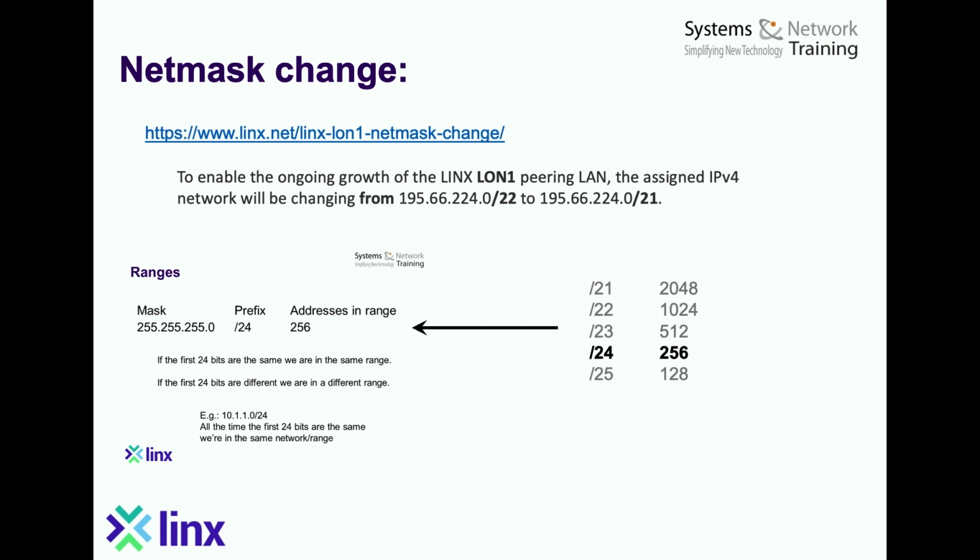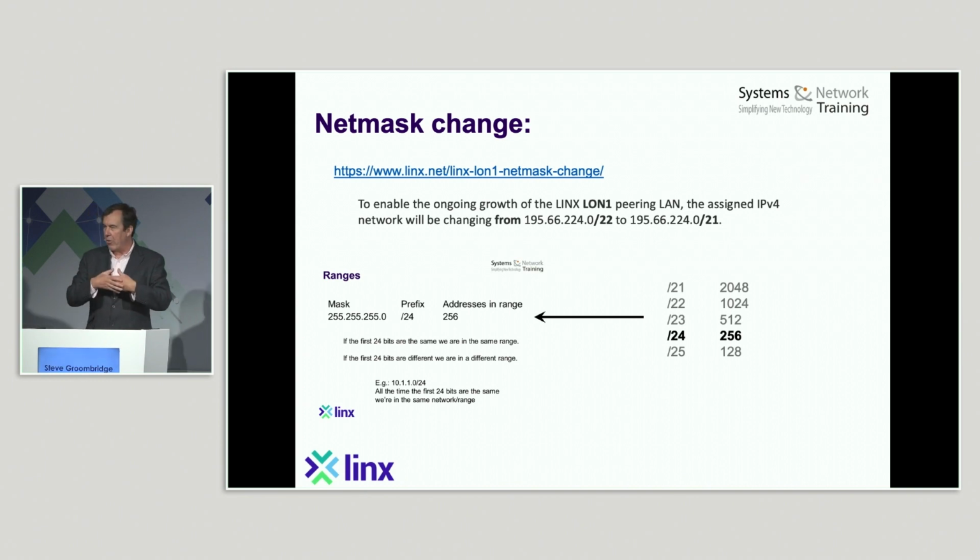Now, if it had a /24 mask, and as far as I'm aware it never has and never will, then what it would mean, and that's the one in bold, is that you would have 256 addresses in that range. I'm not saying they're all usable, but that's how many would be in that range. If you're non-technical, it helps if you just know the mask gives you a range, the start is always given, the mask gives the end.